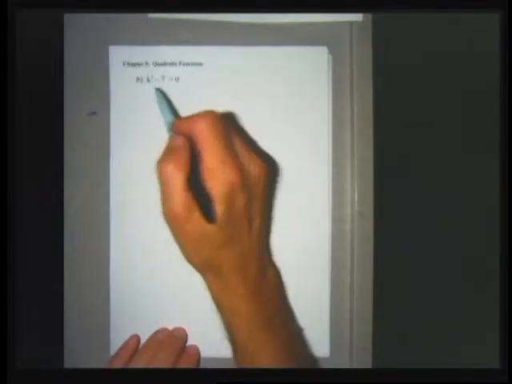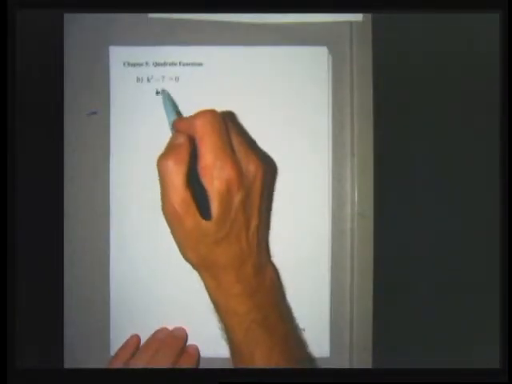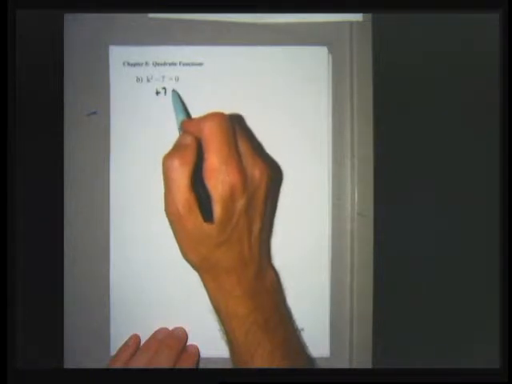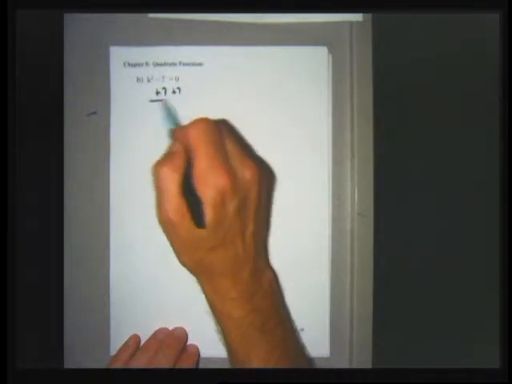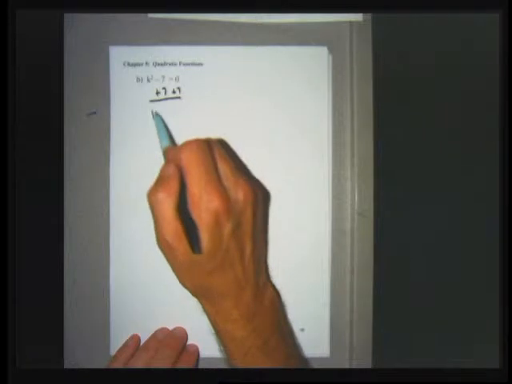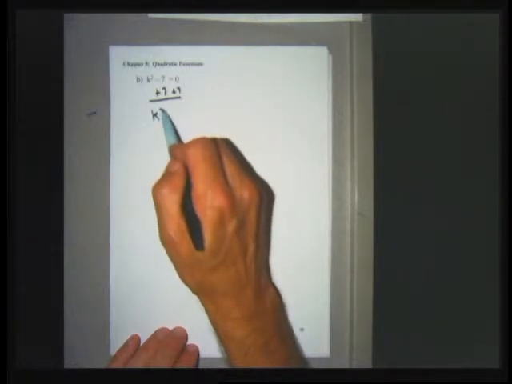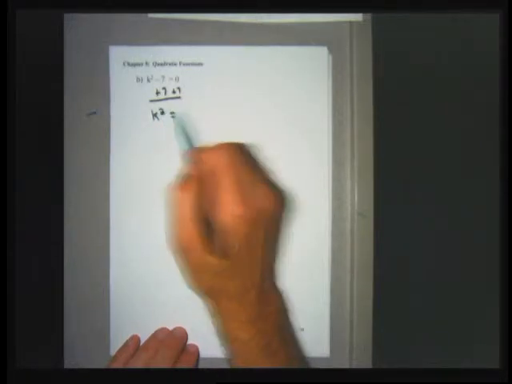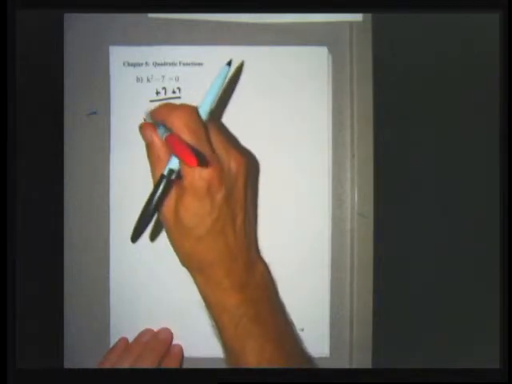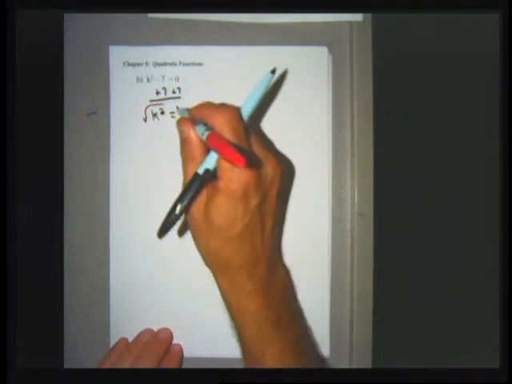For part B, because the square term isn't isolated, if I square rooted first, I might accidentally get the right answer, but probably not. You'd probably get an i in your answer. What you need to do in part B is make it look more like part A, with the square term on the left side and the number on the right side, and then you can square root, plus or minus square root.